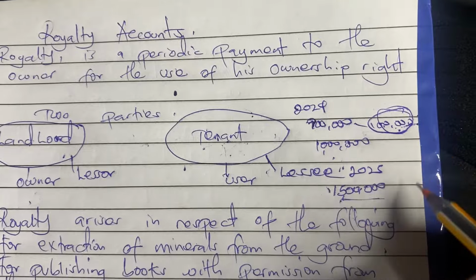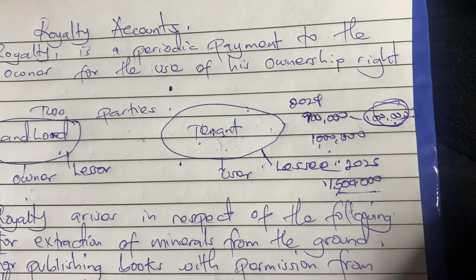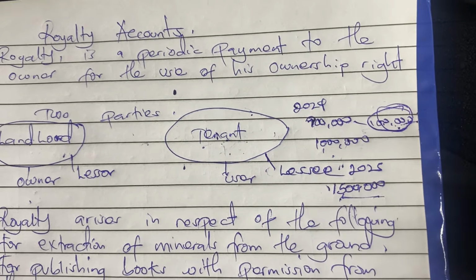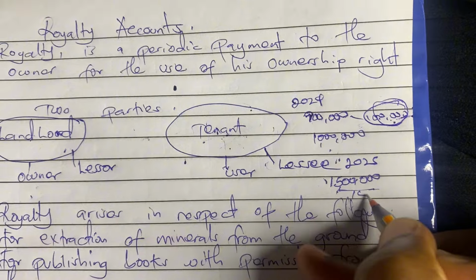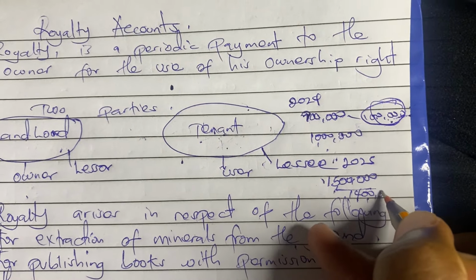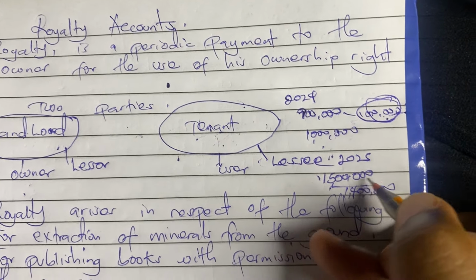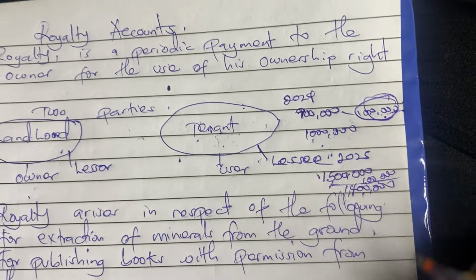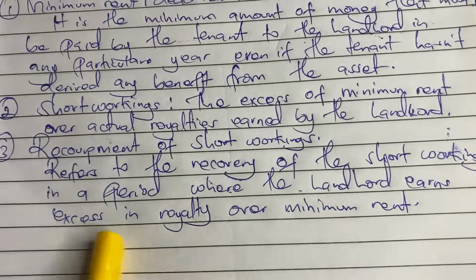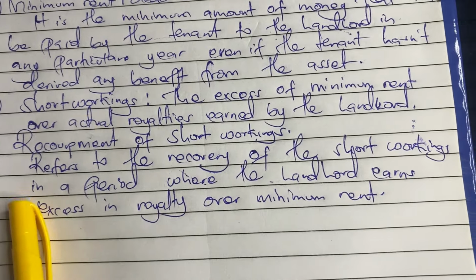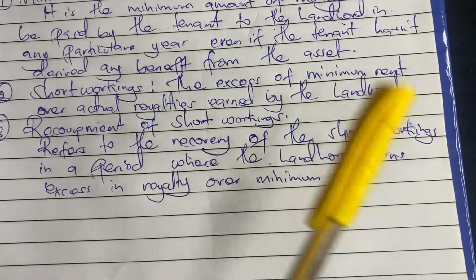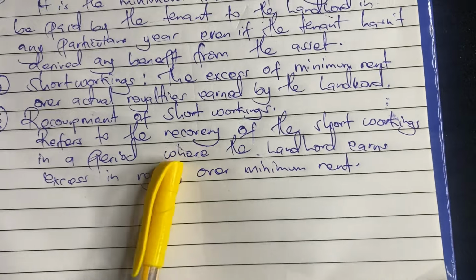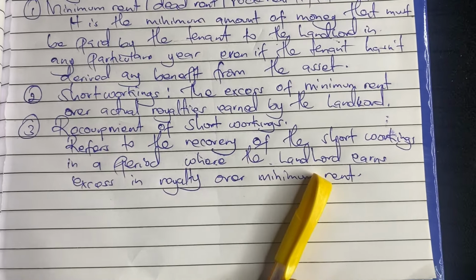That process of deducting the short workings that were incurred previously is what we call recoupment of short workings. So the landlord will be given 1.4M after deducting the 100K. It refers to the recovery of short workings in a period where the landlord earns excess in royalty over minimum rent.